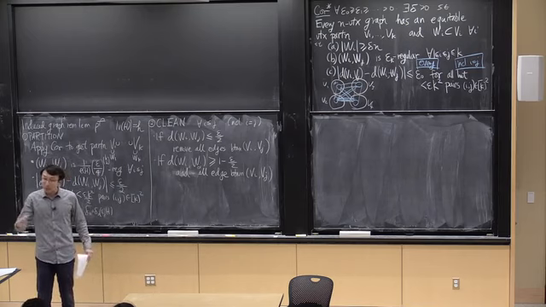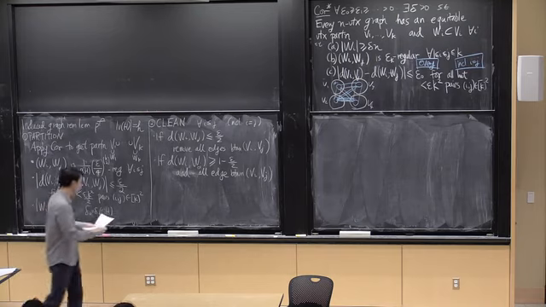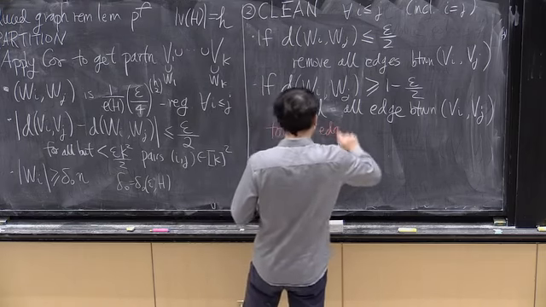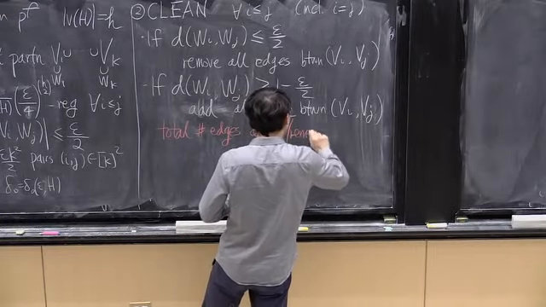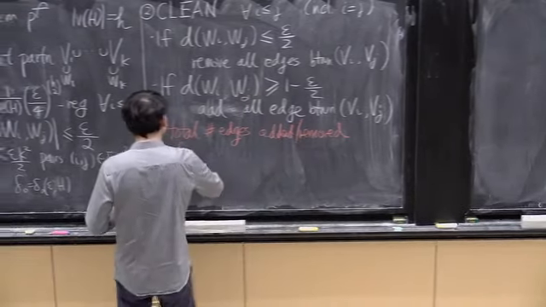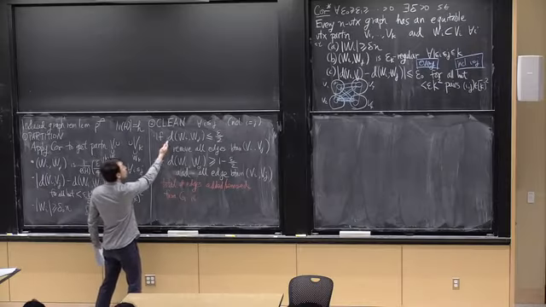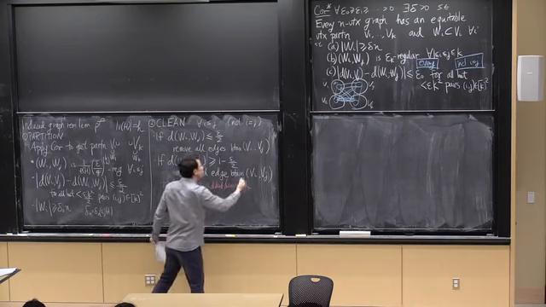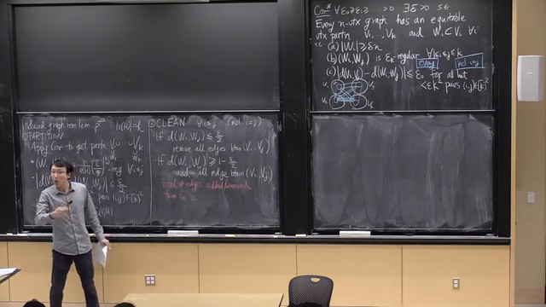How many edges do we end up adding or removing? So the total number of edges added or removed from G is, well, if the edge density in G between the Vi's and Vj's is also very small, then you do not remove very many edges.